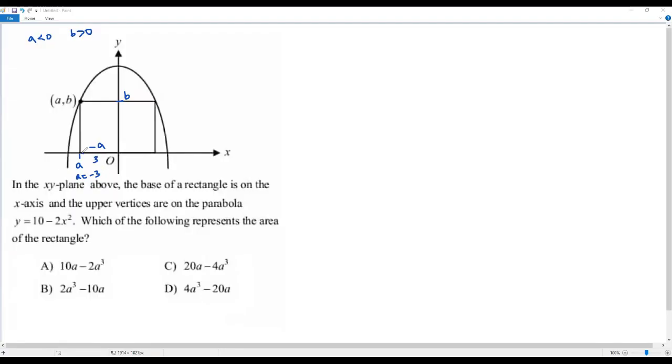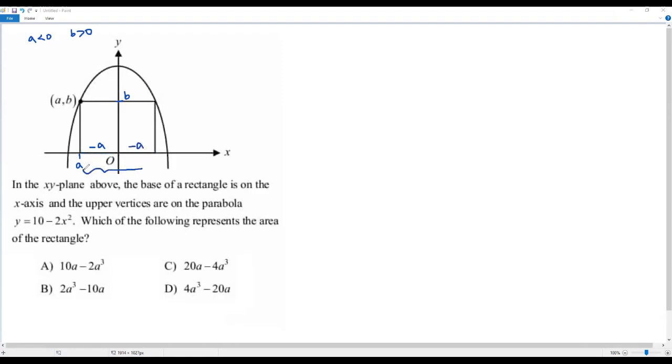Then 3 will be the length of this line segment when a equals negative 3. The same thing I have done with a: a is negative, so to get the length, I make this negative value positive by multiplying a by a negative sign. Whatever length I get for this line segment, the same length I get for the other one as well, that is negative a.